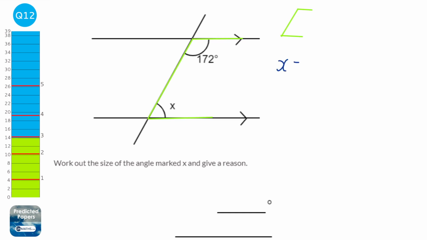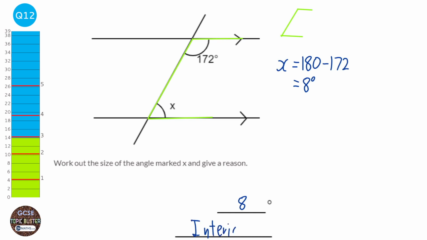So to find x, what we need to do is take 172 away from 180, which will obviously be 8 degrees. And so it's going to be 8 degrees, and the reason is interior angles. Now some teachers call it co-interior, some teachers call it allied angles. Either one of those 3 is absolutely fine, you'll get full marks for.